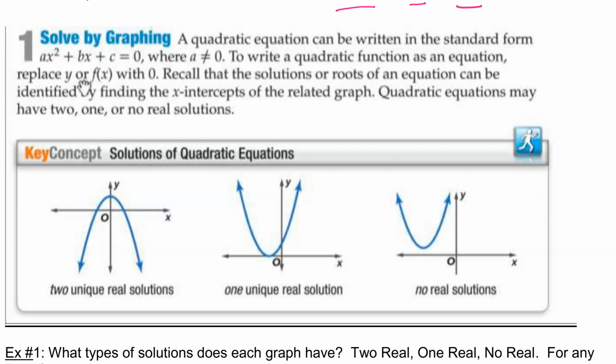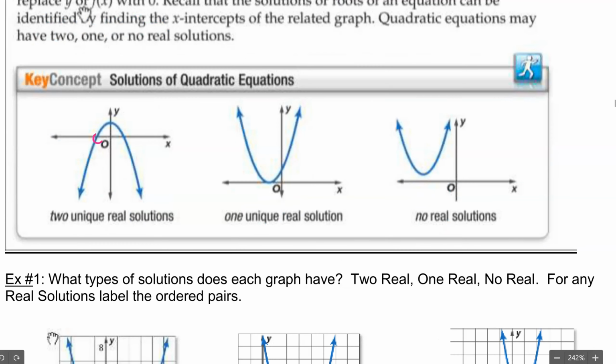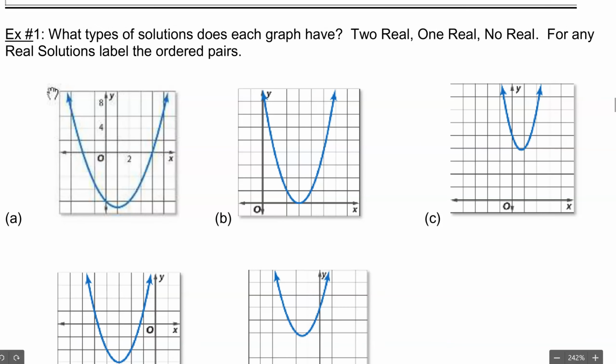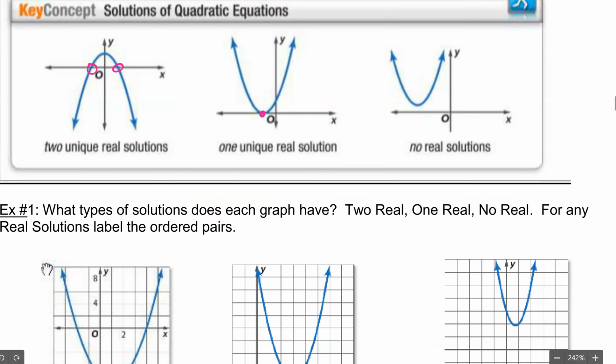We're going to do this in our calculator anyway, so although you don't need hats, you do need to have your calculator out. If it touches the graph at 2 places, it has 2 unique real solutions. Touches at 1 point, it has 1. If it doesn't touch at all, it has no solution. The solutions are the x-intercepts. It has nothing to do with the y.